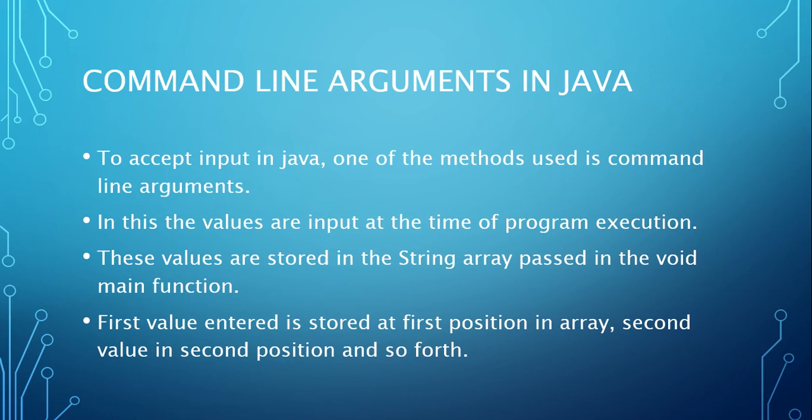If I have 5 girls, I'll say it's a group of 5 girls. Same way, if I have a group of 5 integer values, I'll call it an integer array. If I have a group of 5 decimal values, I can call it a float array. If I have a group of 5 string values, then it will be called a string array. So these values which are entered at the time of program execution get stored in the string array which is passed in the void main function.